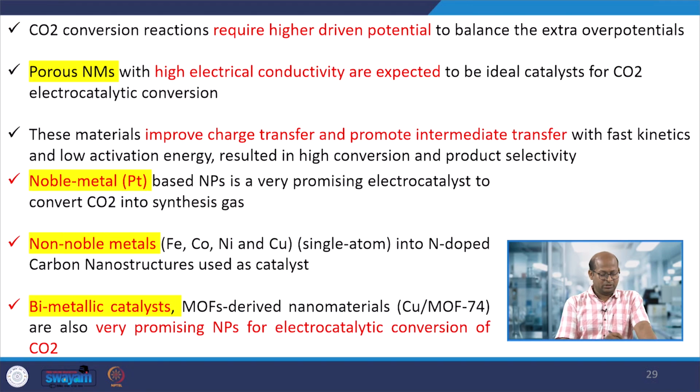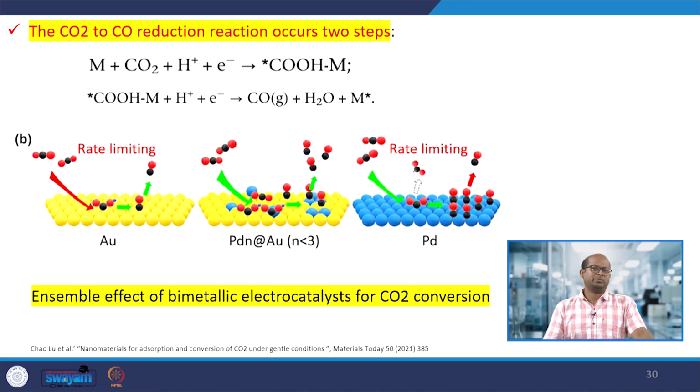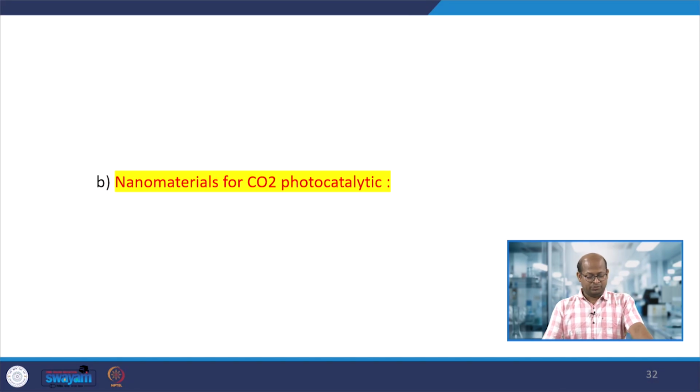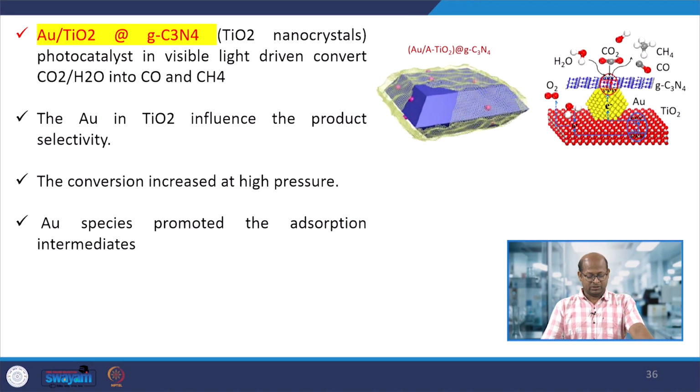Here we can use porous nanomaterials, noble platinum, non-noble metals, and bimetallic catalysts, in the nano range, 1 to 100 nanometers. That may be specific metals useful for specific reactions. Okay. So here there are different photolytic reactions also, photocatalytic reactions. I am not going to discuss more details on this.